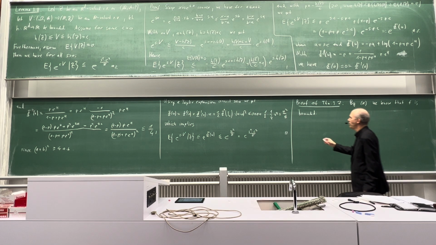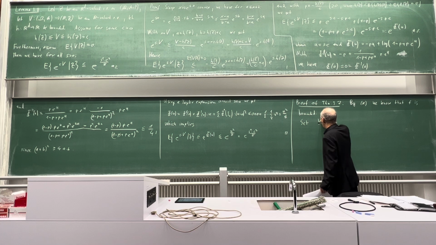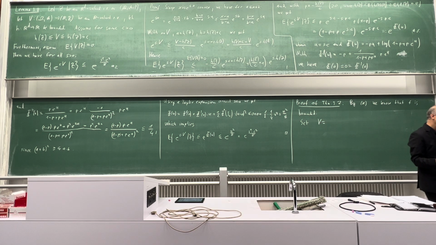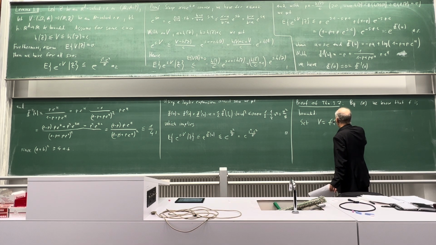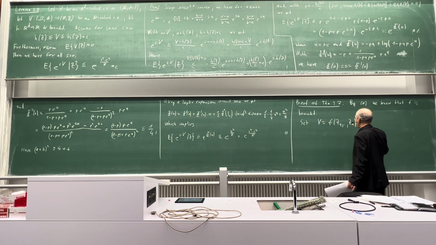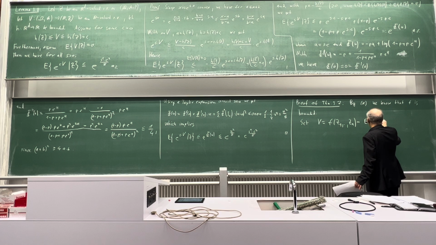Now what we want to bound, at least for the first assertion, since the second assertion just follows from the first: we wanted to give an upper bound on the probability that f of Z_1 to Z_n minus its expectation is greater or equal than epsilon. The second bound you just get by replacing f by minus f. So I just look at the first, and I define V as f of Z_1 to Z_n minus the expectation of f of Z_1 to Z_n.